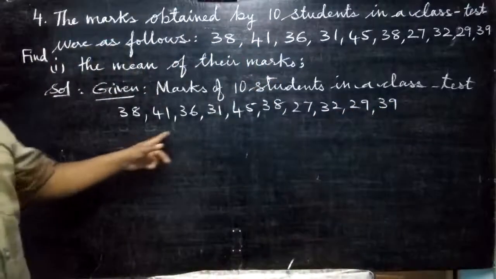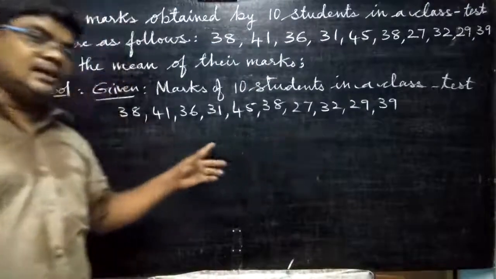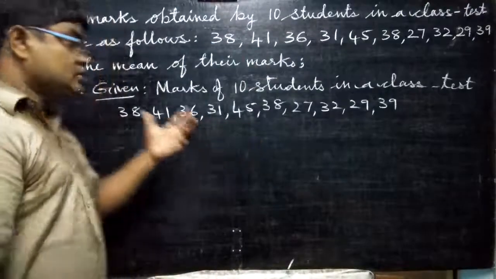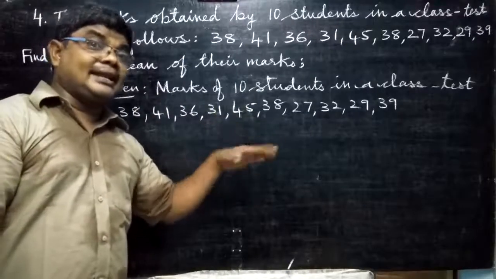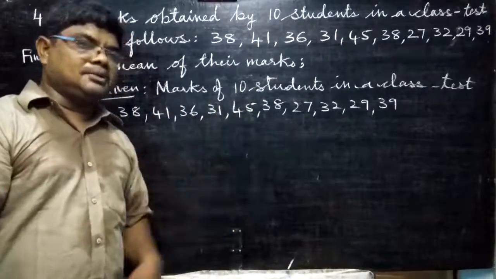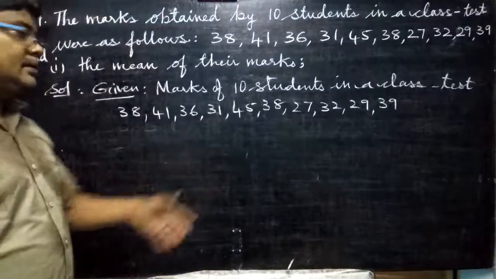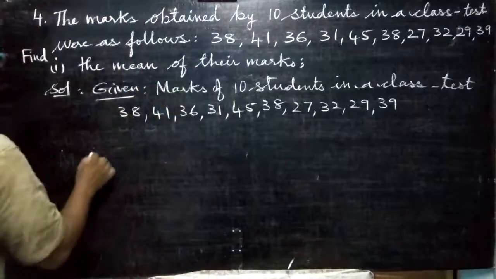You have to be very careful in entering these marks, which we call observations. So the problem lies here. Instead of one number, if you write another number, then you will be in problem, and you won't get the correct answer. So now they are asking to find the mean.